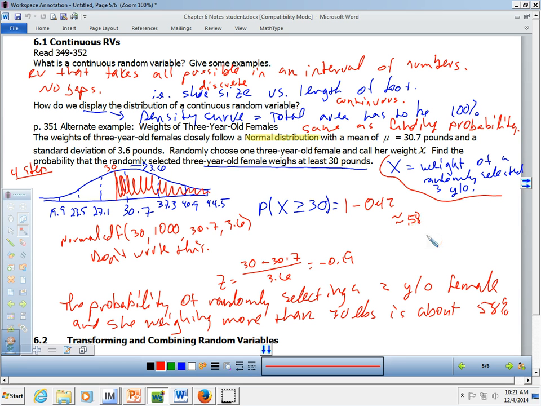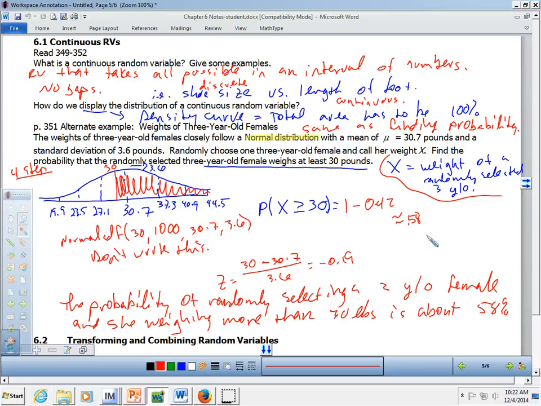Okay? And so that's the difference between finding probabilities with a discrete versus a continuous random variable. In a discrete random variable, we can list out the values and then just add up the probabilities that satisfy whatever it is that we want to know. In other words, if we rounded everyone's weight to the nearest pound, then we could take the probability of this female weighing 30 pounds, 31 pounds, 32 pounds, 33 pounds on up and add all those up.